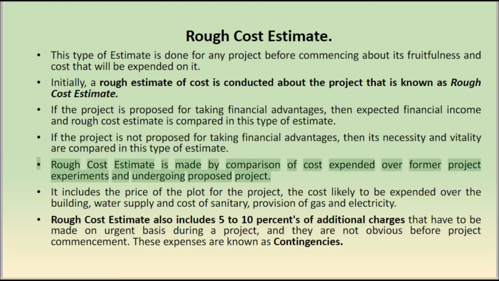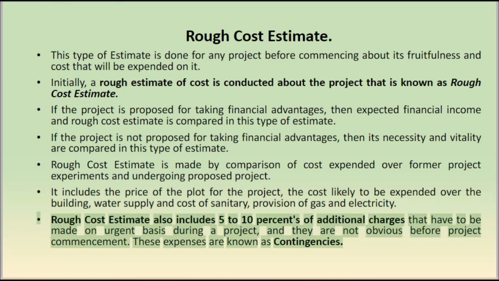Rough cost estimate is made by comparison of cost expended over former project experiments and the proposed project. It includes the price of the plot for the project, the cost likely to be expended over the building, water supply, and cost of sanitary, provision of gas and electricity.